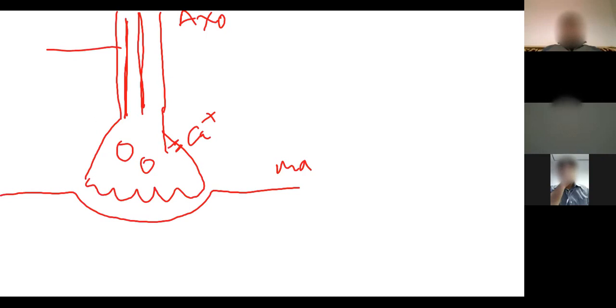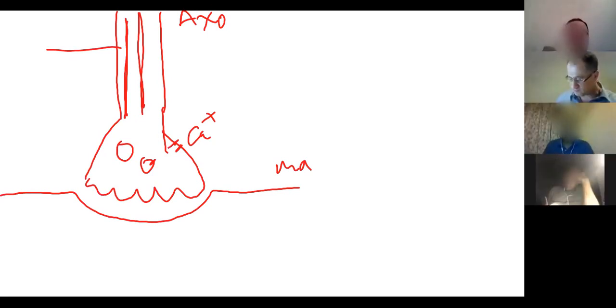So they're essentially a storage container for acetylcholine. Once calcium binds to the vesicle, the vesicle is then able to bind to the presynaptic membrane. Once it's bound, it releases the acetylcholine into the synapse.